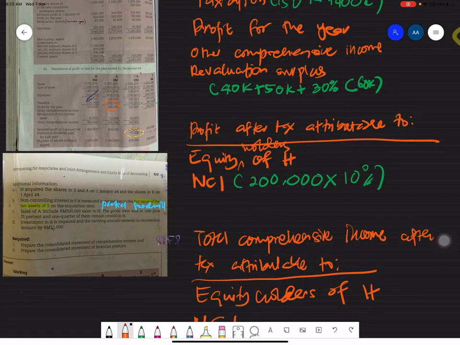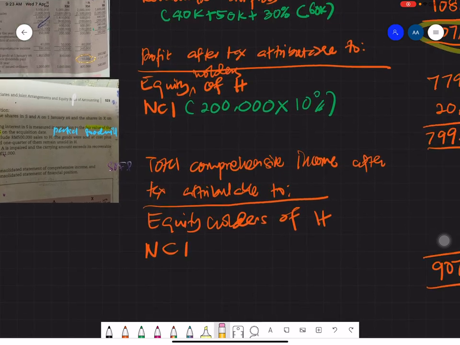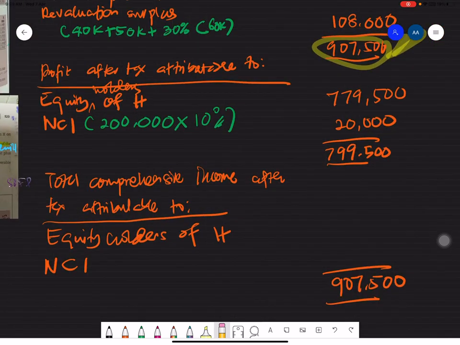And then OCI is 50. So what we want to divide is actually: profit for the year 200,000 plus revaluation of non-current asset, which is OCI, other comprehensive income, 50,000. So that equals 250,000.